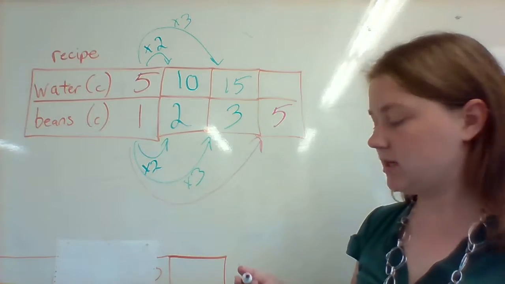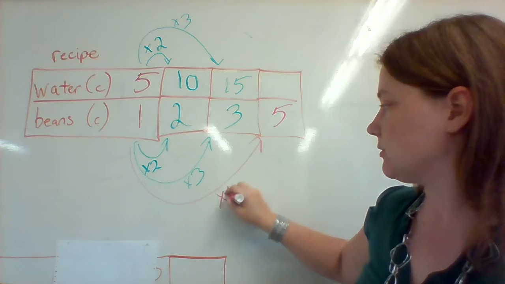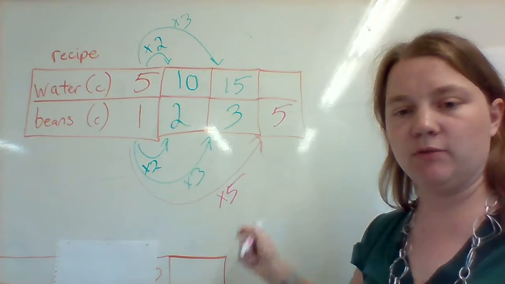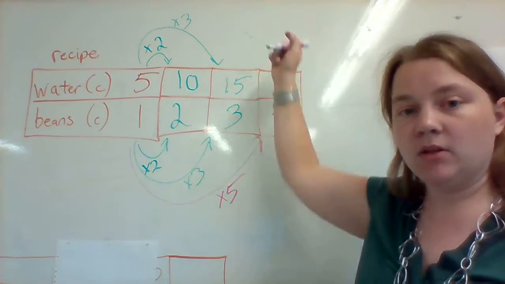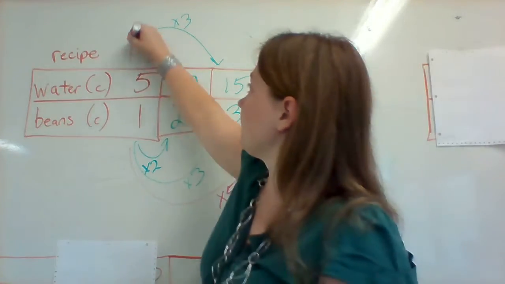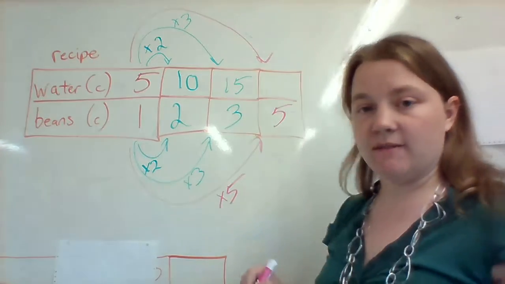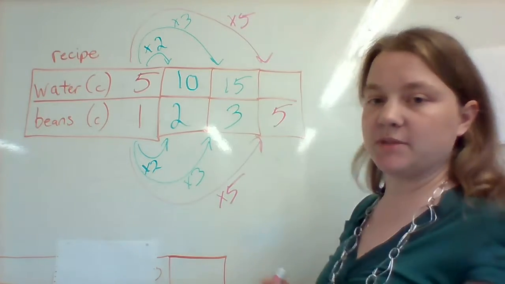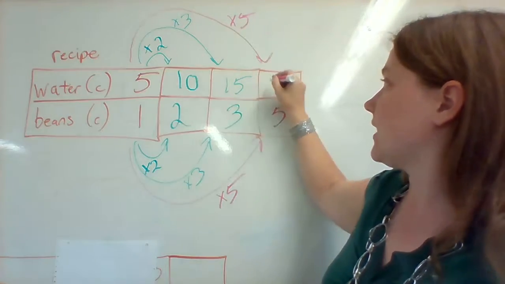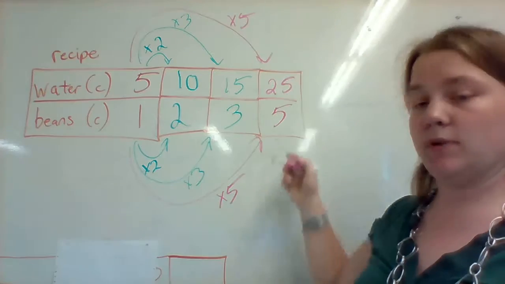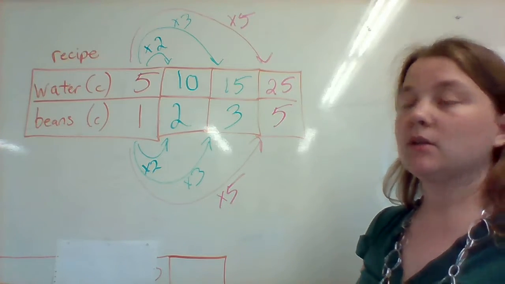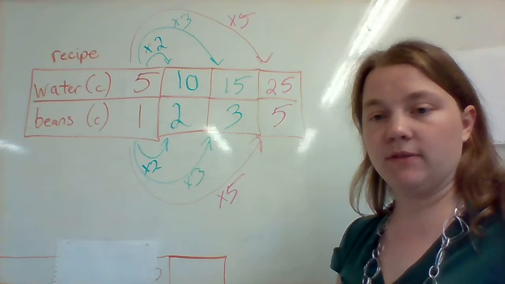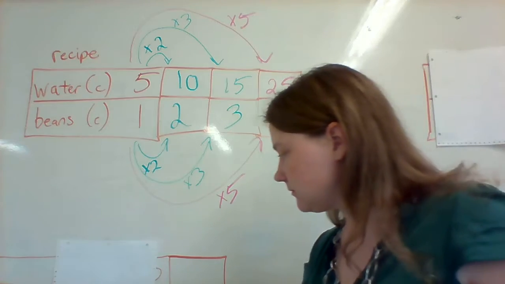To get from 1 to 5, you have to multiply times 5. And if you multiply times 5 on the bottom, then you have to do the same on the top. So we're going to take that 5 and multiply times 5. 5 times 5 is 25. So if you have 5 cups of black beans, you're going to need 25 cups of water.